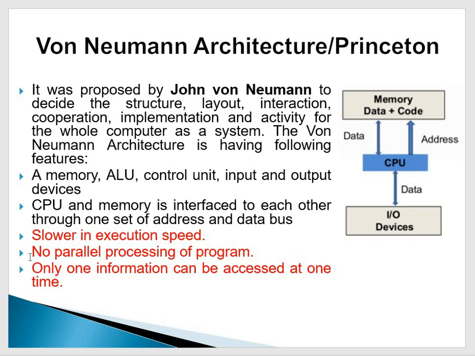It is not possible to fetch the opcodes for two different programs in parallel from the external program memory. That is why parallel processing of the program is not possible in the von Neumann architecture. The third one is that only one piece of information can be accessed at one time.